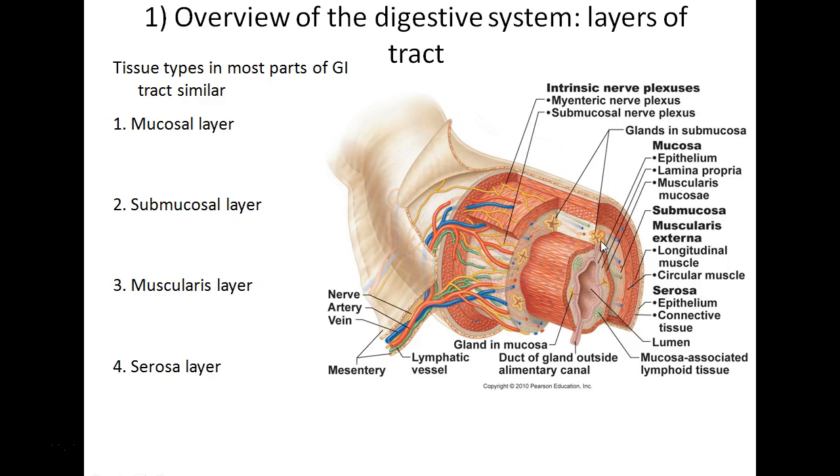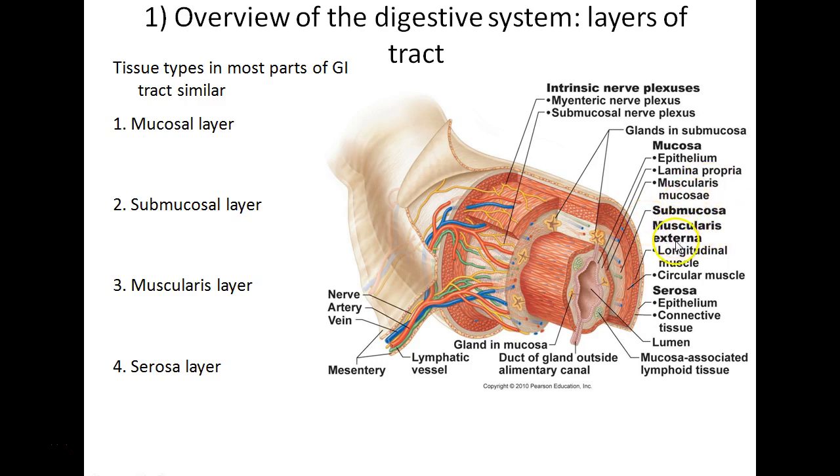Keep in mind that this GI tract diagram is very general. As we discuss more about organs like the esophagus and small intestines, we'll see specialized structures. For example, these glands shown in the submucosa will change names and functions as we move through the tract. Then we move to our third layer of the GI tract, the muscularis externa.